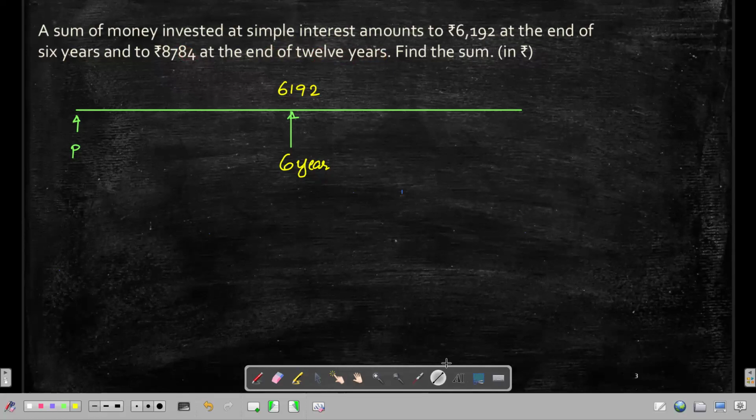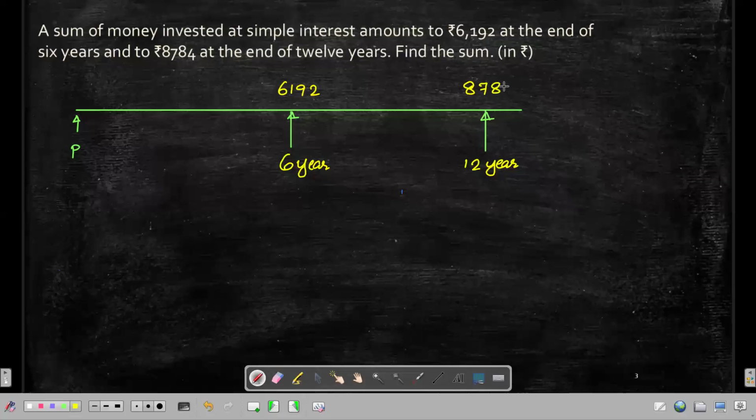So at the end of 12 years, I'm just writing it here, this money has grown and it has become 8,784.